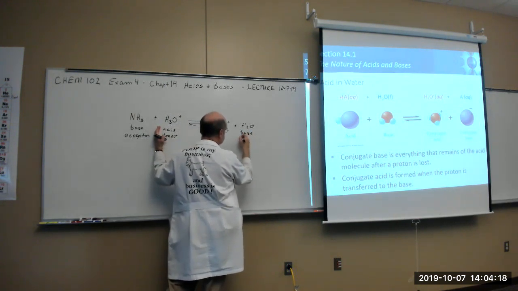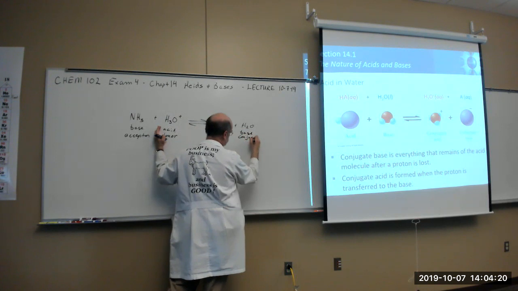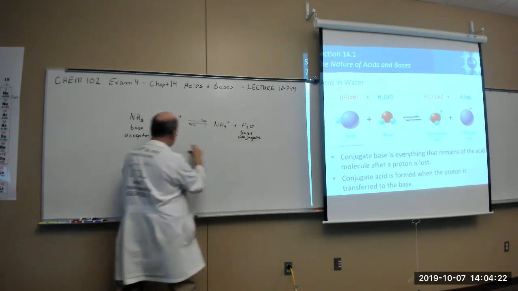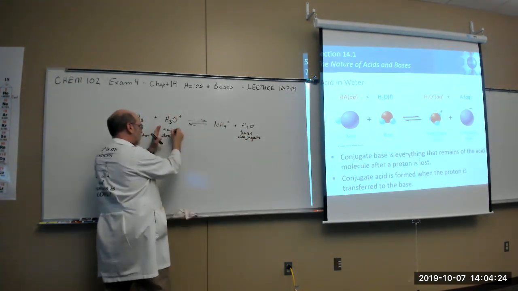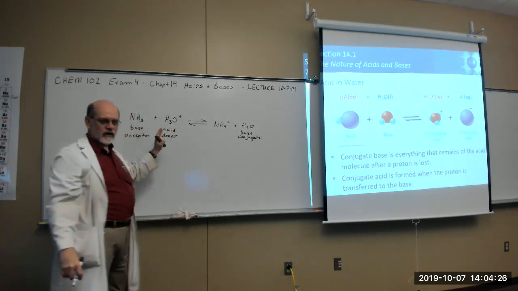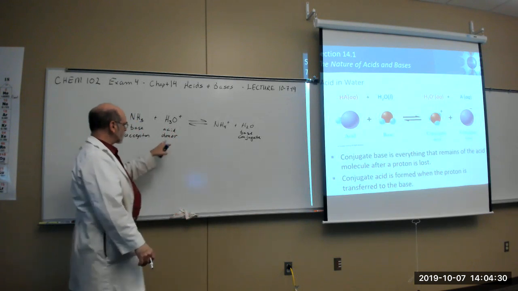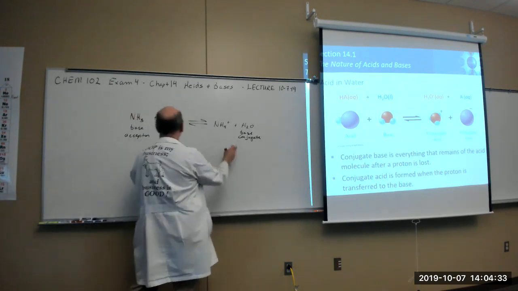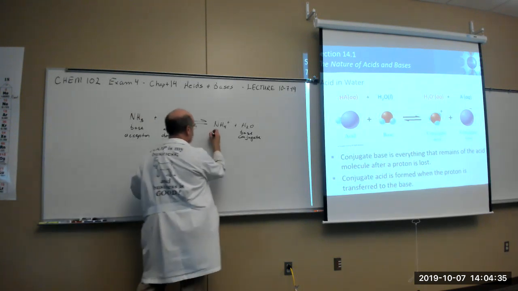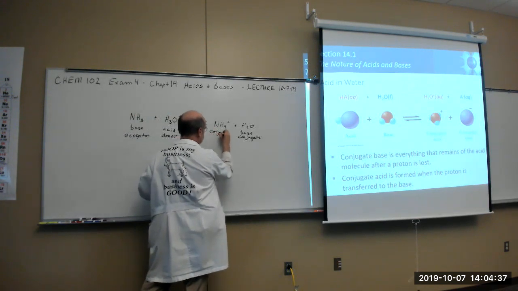And this is actually the conjugate base because it's derived from this acid. Every time you transfer a proton, you produce a conjugate something. So this acid produces a conjugate base. This base produces a conjugate acid.